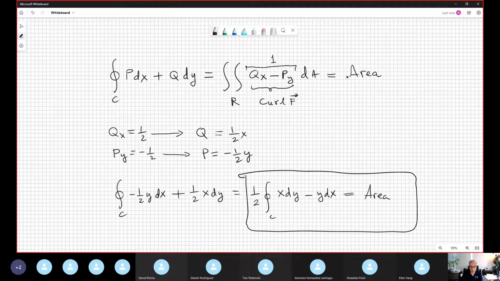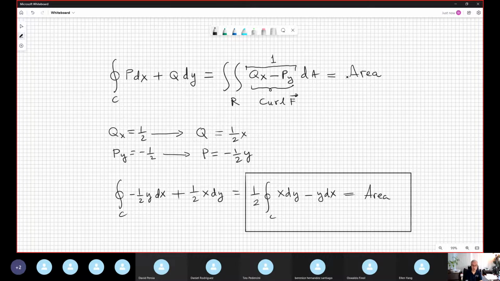That formula, instead of doing the double integral, we are doing the line integral along the curve, and we compute the area enclosed by it. It's another possibility, so we have flexibility.